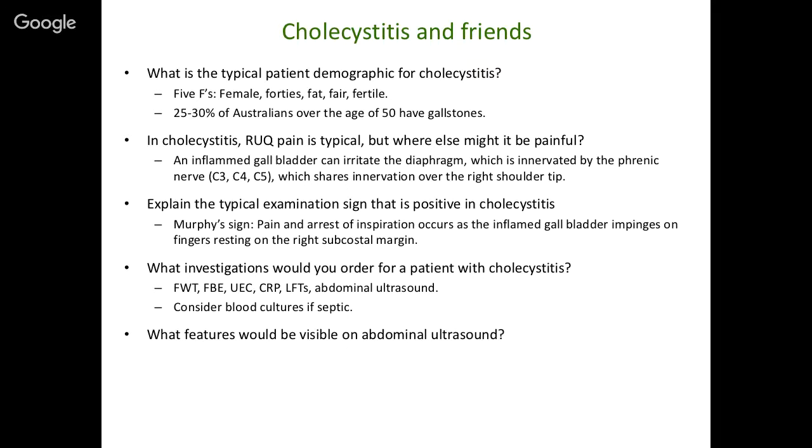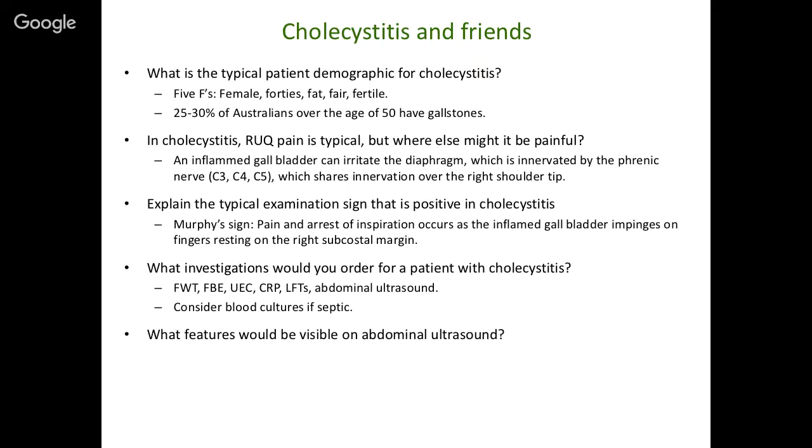What investigations would you order? Again, pretty self-explanatory. The next question is quite important. What features would be visible on an abdominal ultrasound in cholecystitis? So think about it logically. In choledocholithiasis, yes, but with cholecystitis, any ideas?